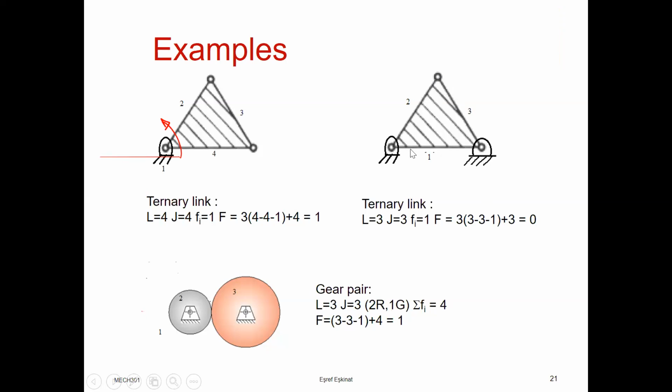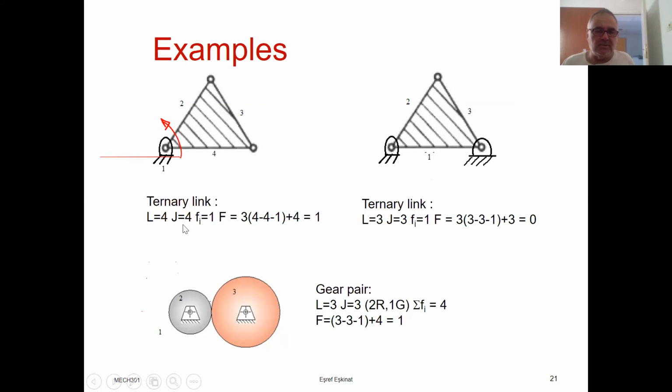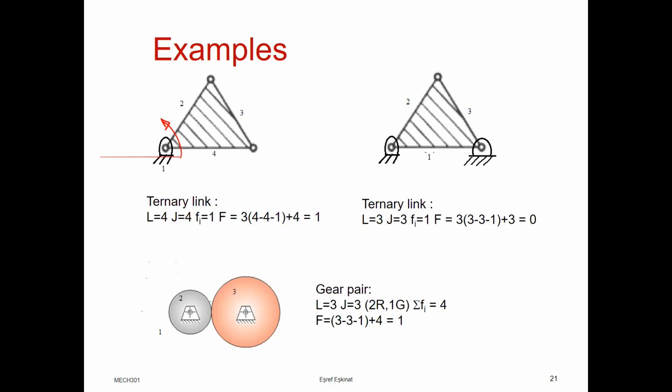Hocam, may you explain why it is 4 in the first one, the number of joints? Yes, hocam. Okay, these are clear. These are one joint each. The thing that is tricky is here, right? Here you have 2 joints. One joint is between 2 and 4, right? Yes, hocam.